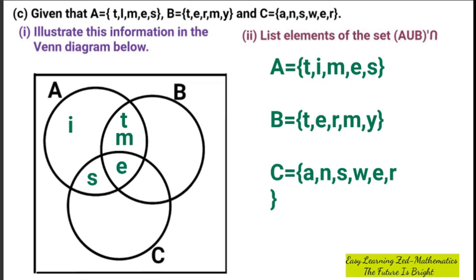So R is only found in set B and set C. Therefore, it's going to be on the intersection of B and C, which is here. Okay. M, we have already talked about M. Y. Is Y found in set B? Yes. In set A? No. In set C? No. Therefore, Y will be in set B only, just like the way I've put it there.